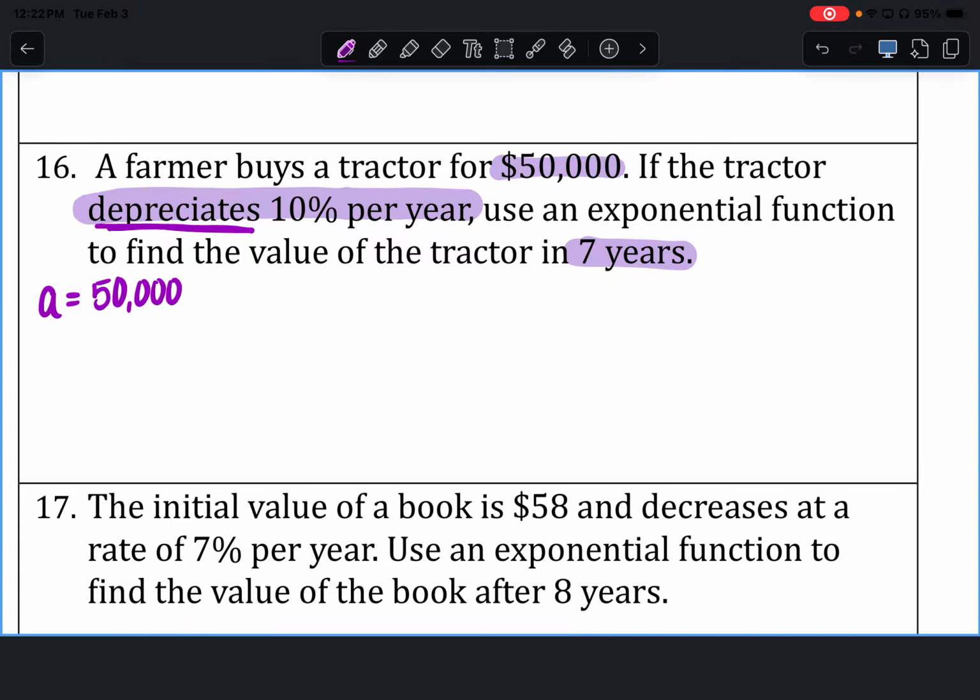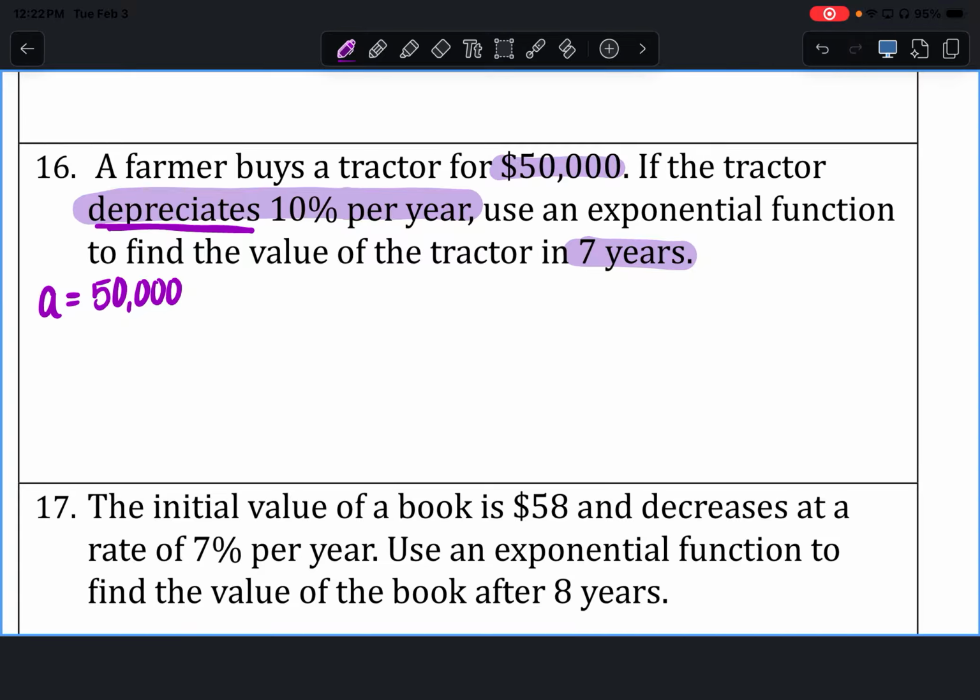Then for our rate, what is our rate? 0.1 or 0.10. You could do either. It does not matter. They mean the same thing. Now, what is the time for this question? 7 years. So we set it up. Y is equal to 50,000 times 1 minus 0.1 to the power of 7, which gives us what? 900 and what?